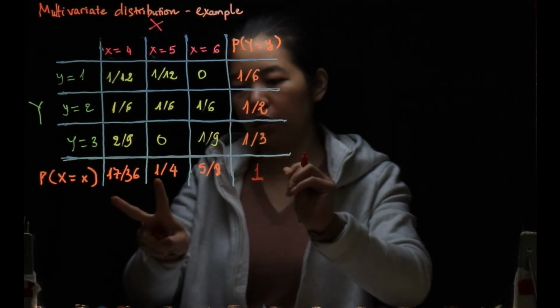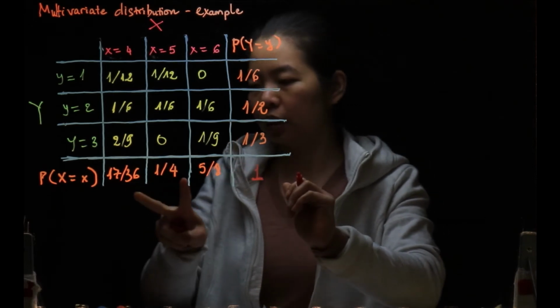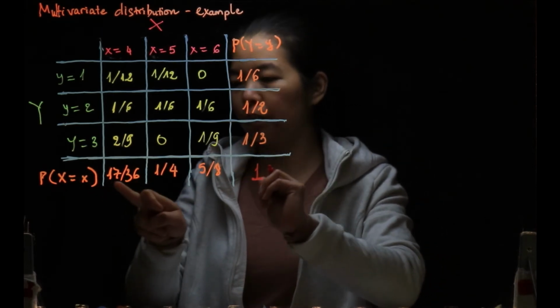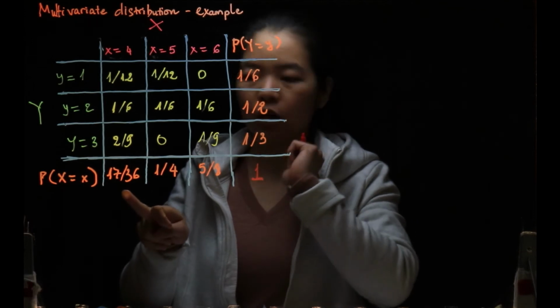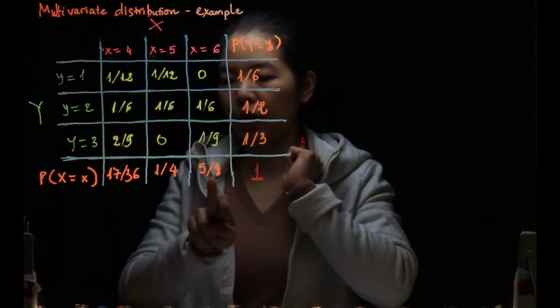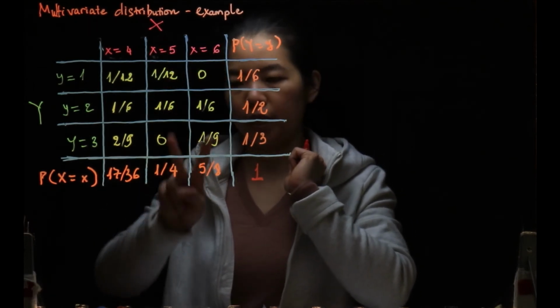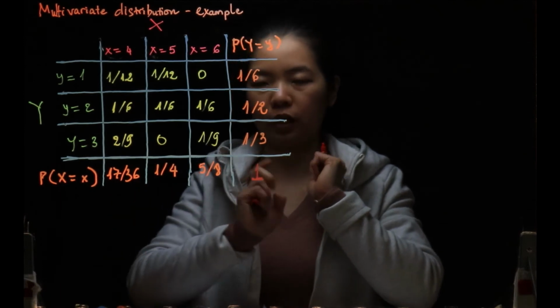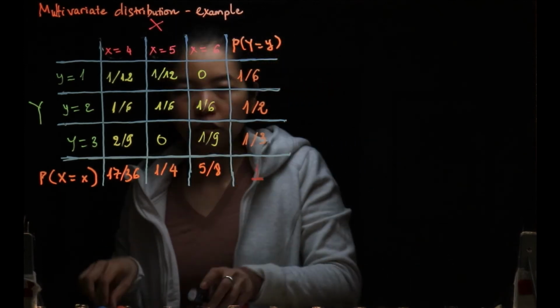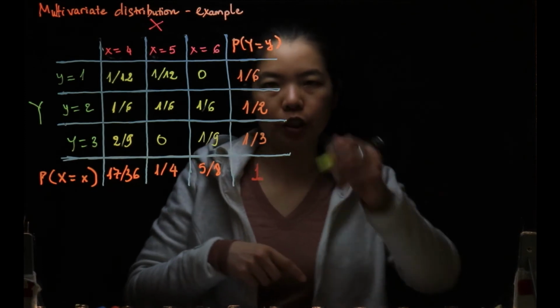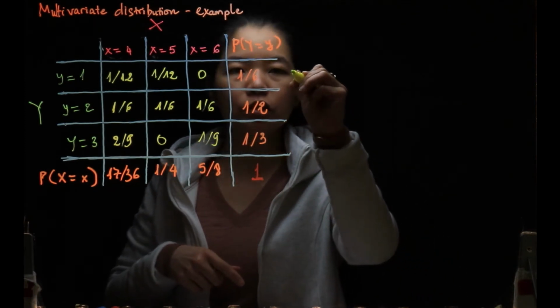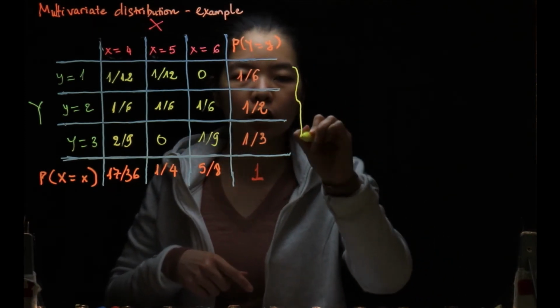Or if you do it here, on this last row, sum up all the probability of possible x, don't care about y, then you should also have 1. So where's the marginal distribution? So the marginal distribution is this.